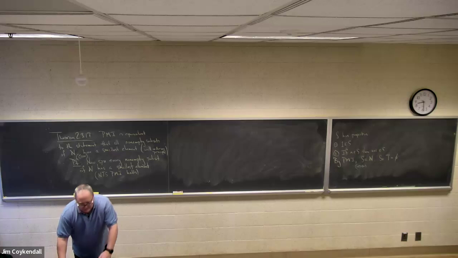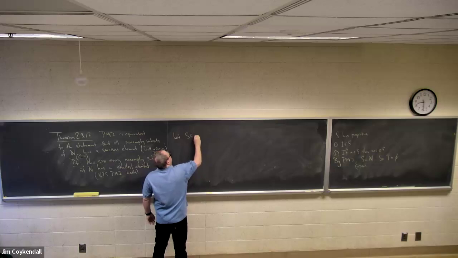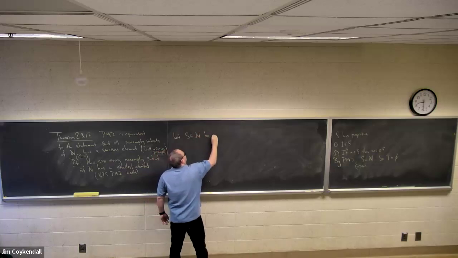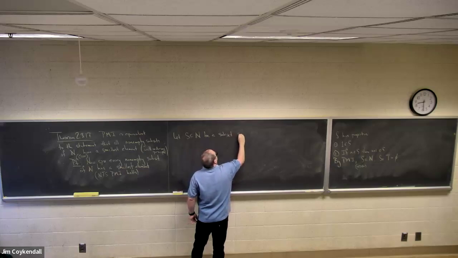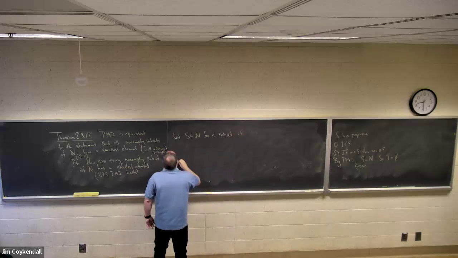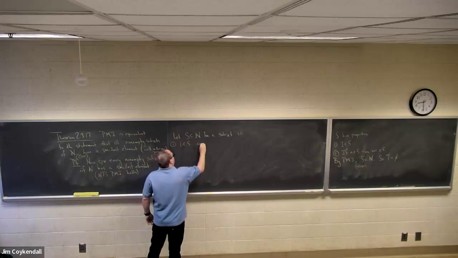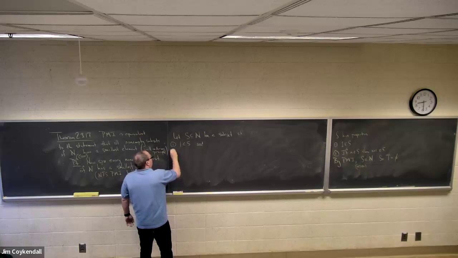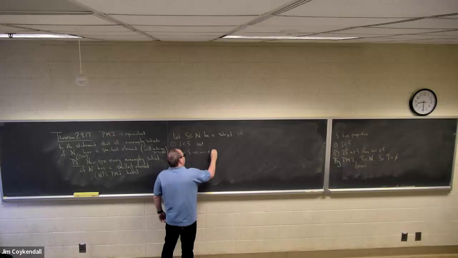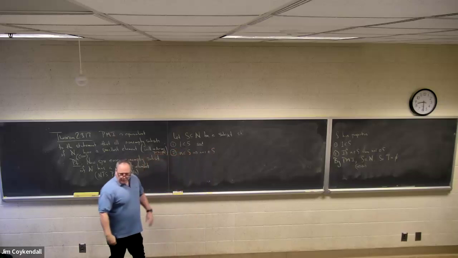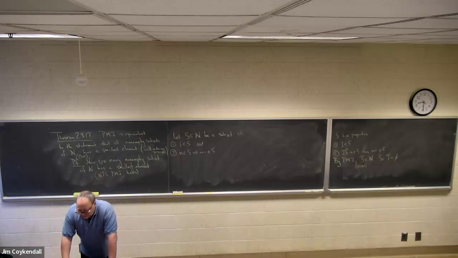Let S be a subset such that one is in S. So suppose we have a subset of the natural numbers that satisfies those two criteria.